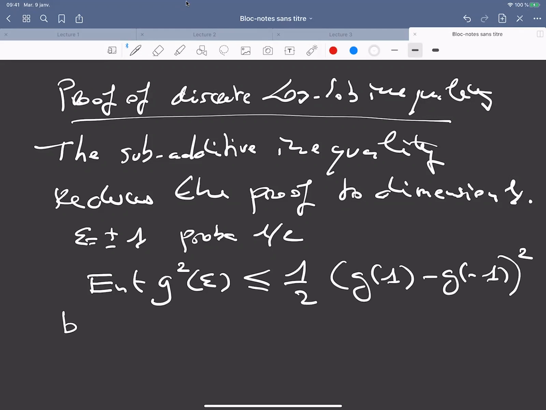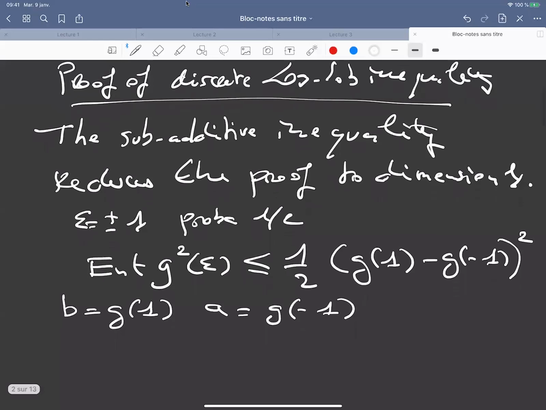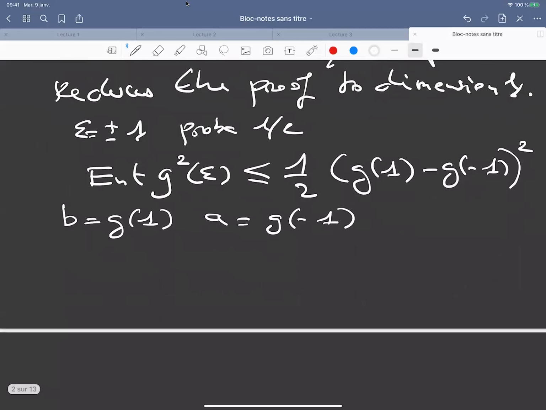We just denote by b the value of g at point 1, by a the value of g at point -1. And we can compute the left and the right hand side explicitly.